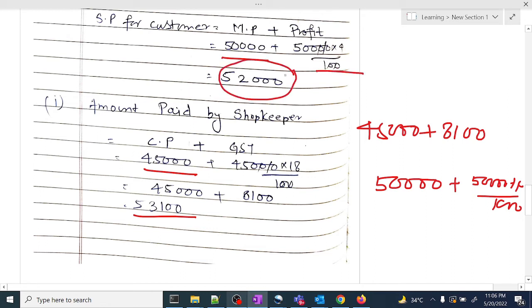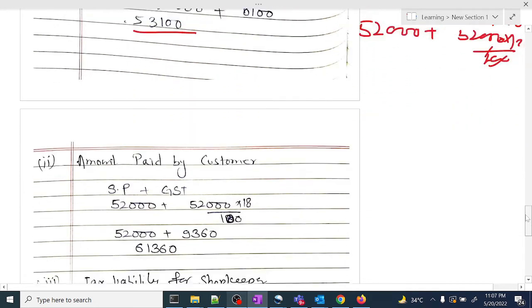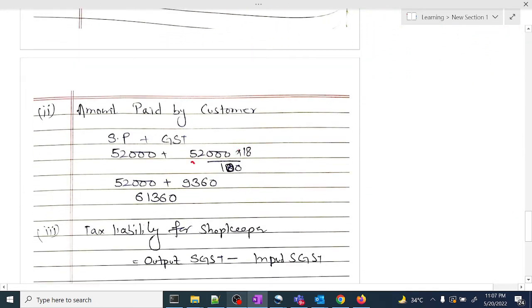Then on this we have to add GST also, right? GST is 18%. So it comes down to how much? 52,000 plus GST comes down to 61,360. This is the amount which the customer pays, right?